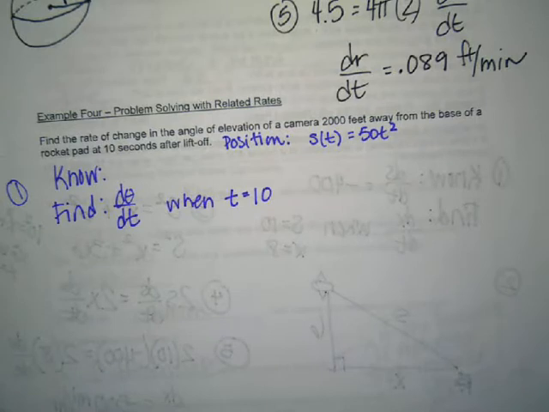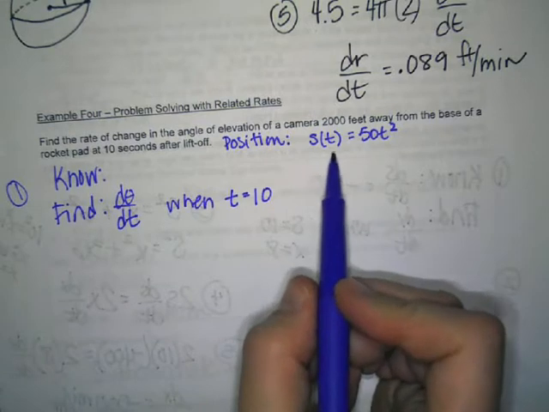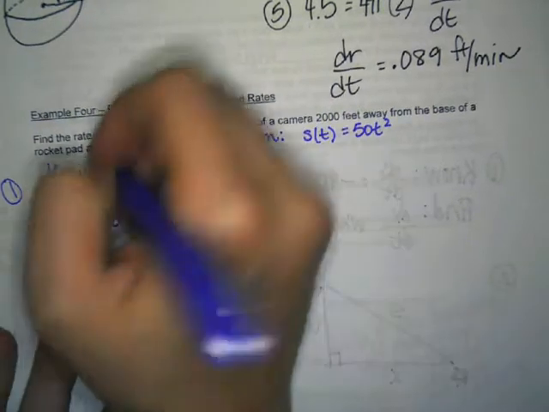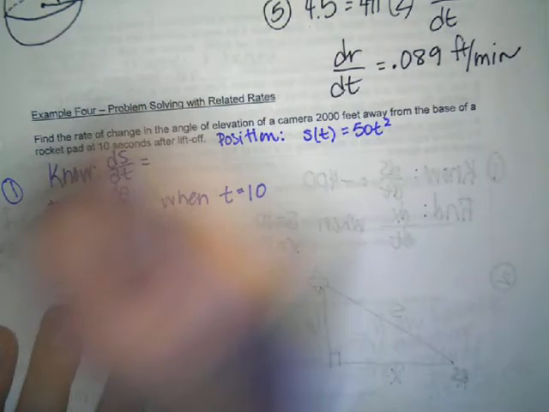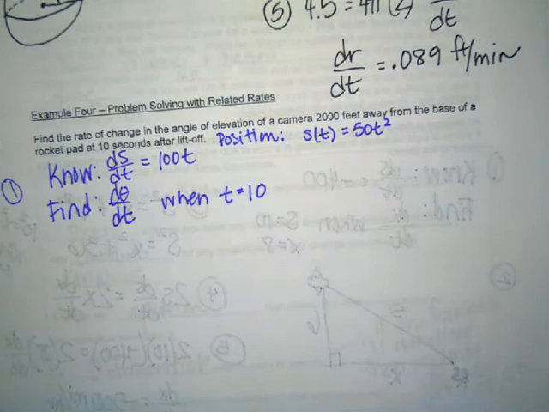If this is function s, and ds over dt is the derivative of function s, can I take the derivative of that? 100t. So I know that ds over dt is 100t. Is it only 100 or 100t? 100t. Yeah.